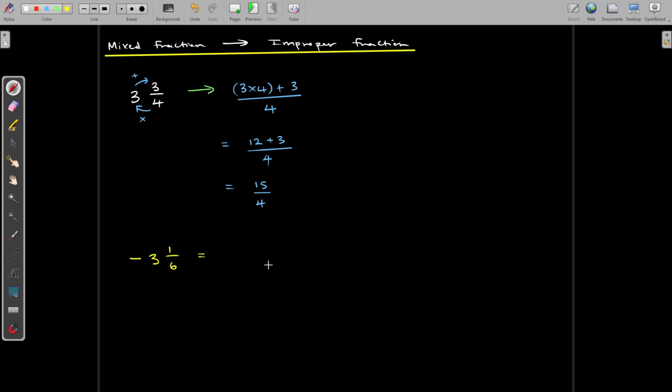I guess 18 over 6. Mm-mm. 19, sorry. 19 over 6? Yeah. Would it be a negative 19 over 6? So yeah, it would be negative 19 over 6.